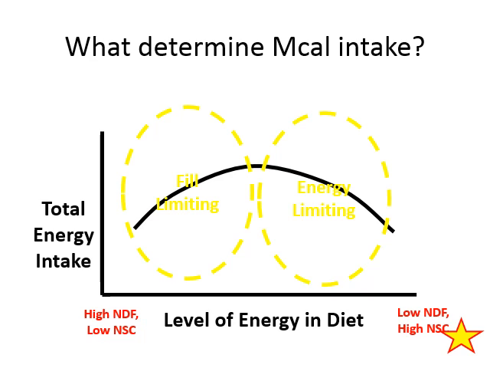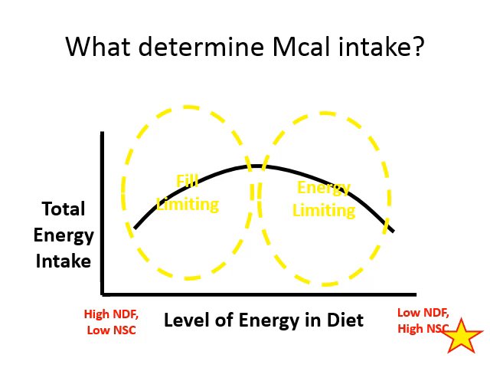So we can assume that the non-structural carbohydrates are more or less 100% available. The NDF is somewhere 50, 60% available to a cow. So the more of the 100% we have, the higher the energy concentration in the diet.